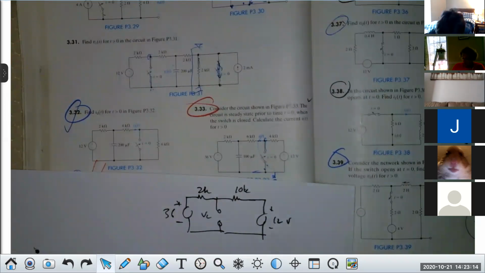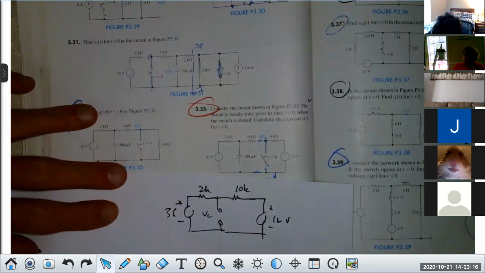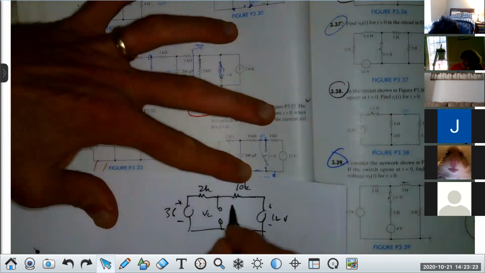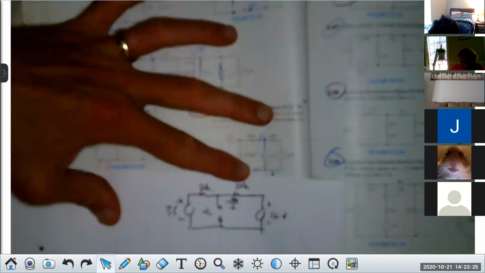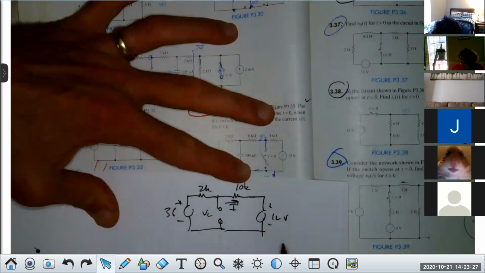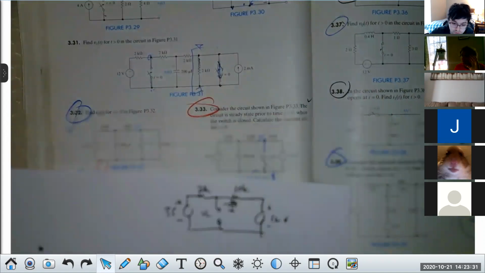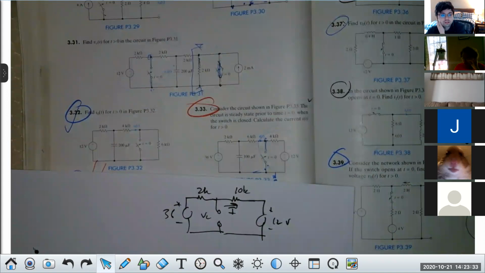If I want this voltage, my opinion is this. The easiest way to do it is just find the current and then find the voltage across that 10K and add it to the 12. You give me that, people? Say that again? Sure.